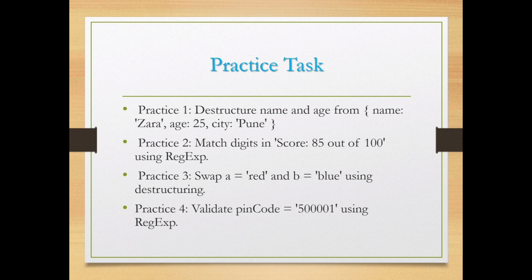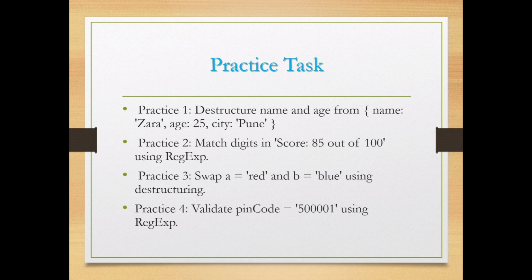Next you can take two variables like a comma b, with any two values, then swap both of them, execute your code and display the output, then check whether your output is correct or not. Next you take one pin code, and using regular expression you can validate whether it is true or false. This is your practice task for today.